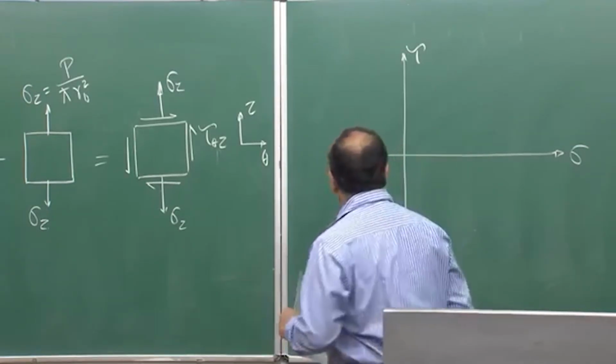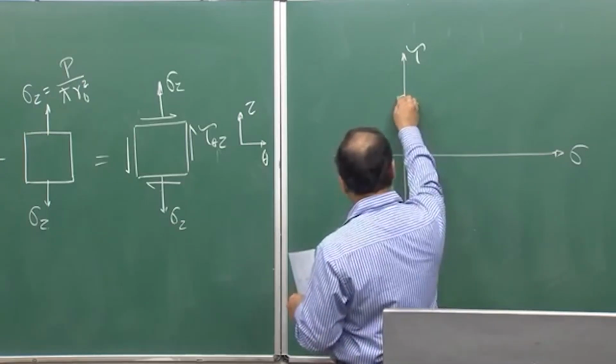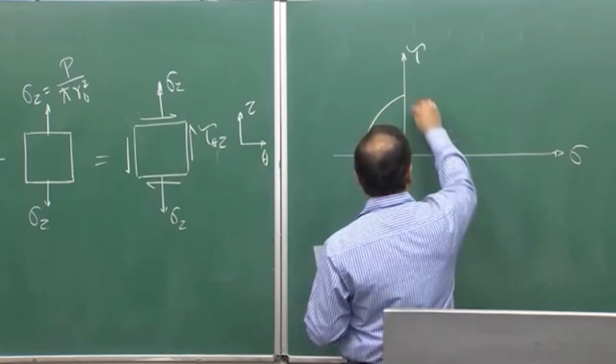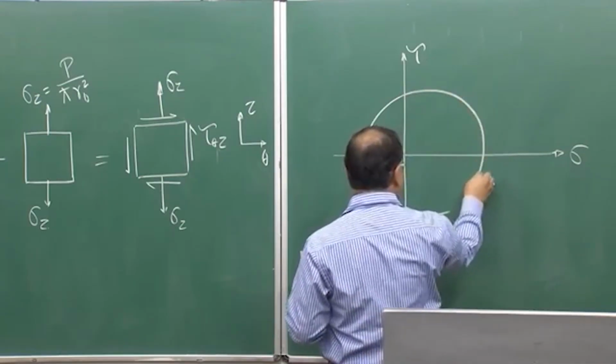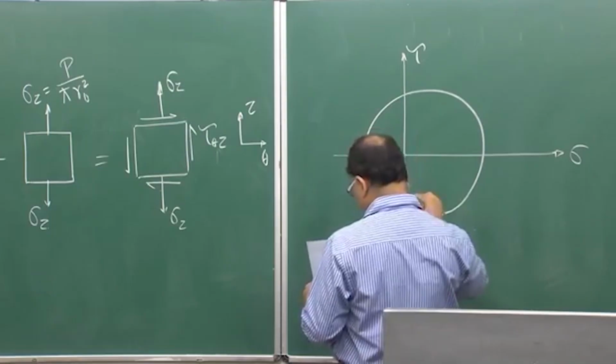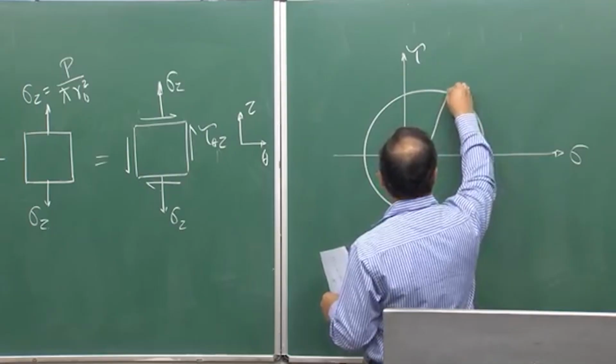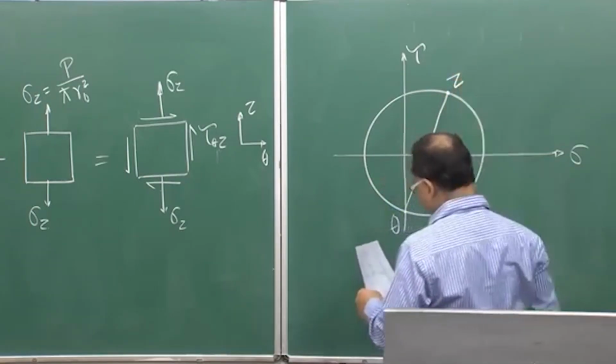Okay. So, I can get this is the point theta, this is the point z.